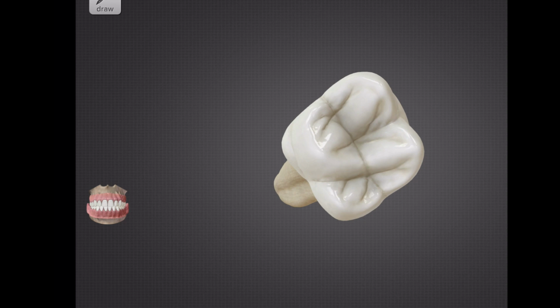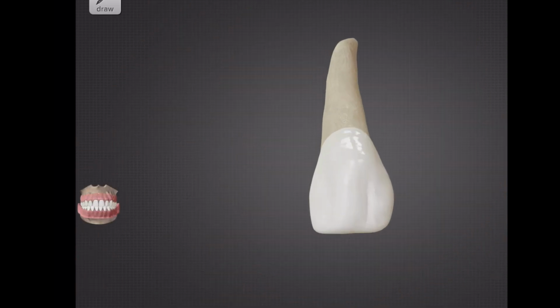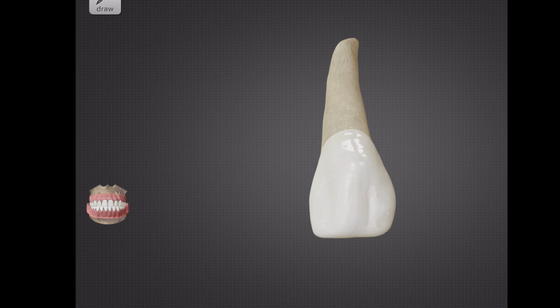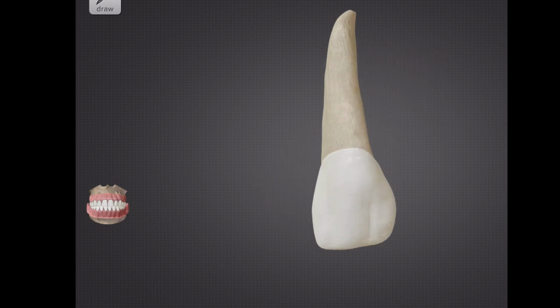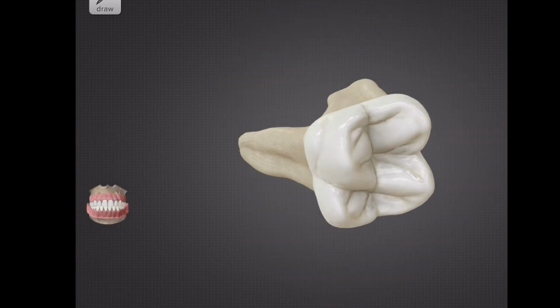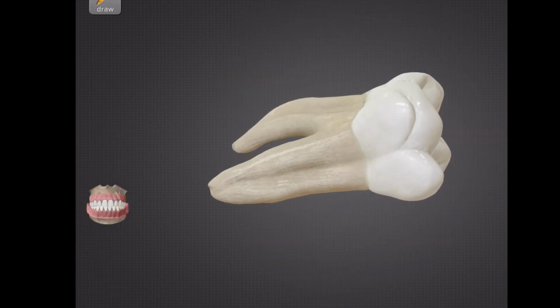Next is tubercle. A tubercle is a small elevation produced by excessive formation of enamel. It can also be noticed at the palatal surface of your upper first molar, sometimes at the lingual surface of incisors over your cingulum.